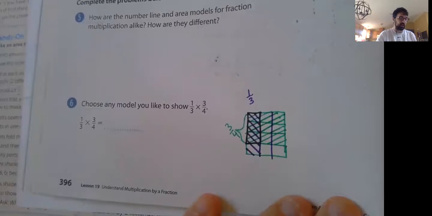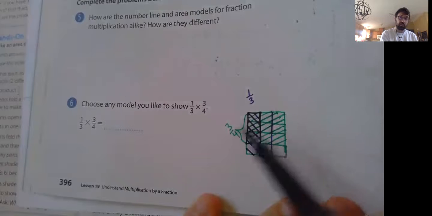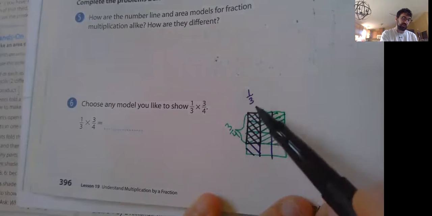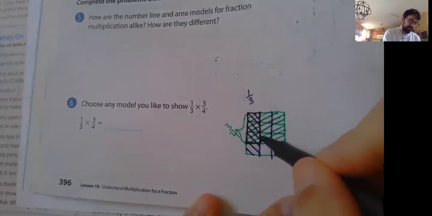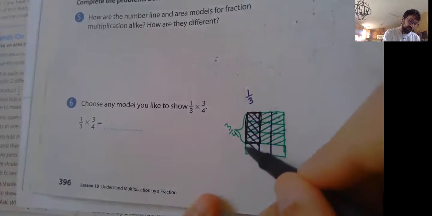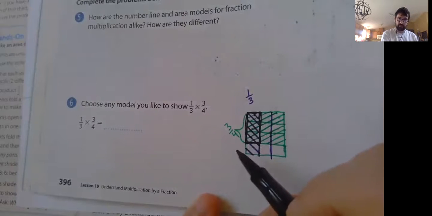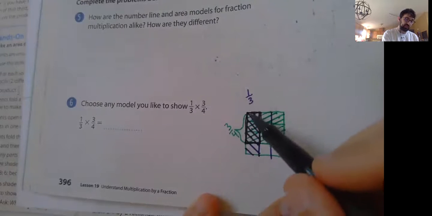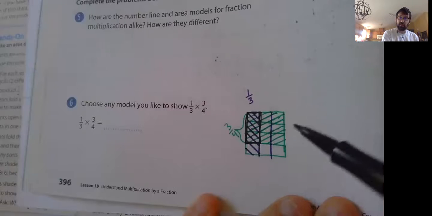This is our product. This is showing that if the green is 3/4 of the whole square, the 1/3 part here is 1/3 of the whole square, but it's also showing that this rectangle right here, not the whole thing, just cut off here, these 1, 2, 3 parts, those are 1/3 of the 3/4.